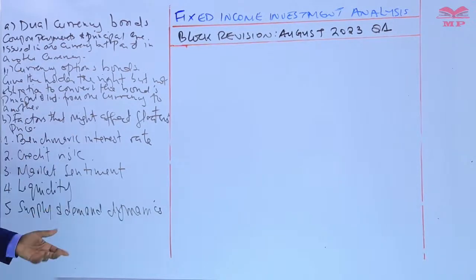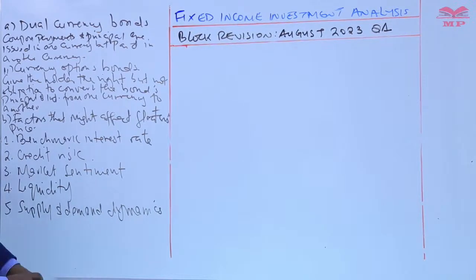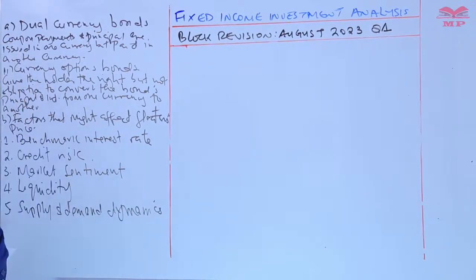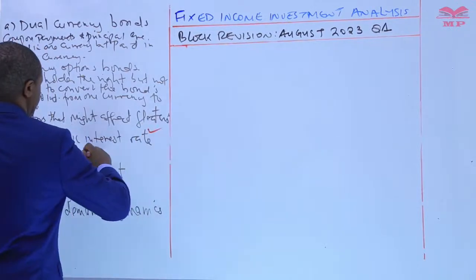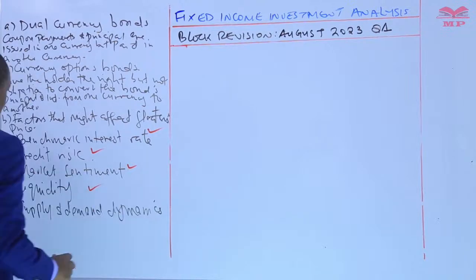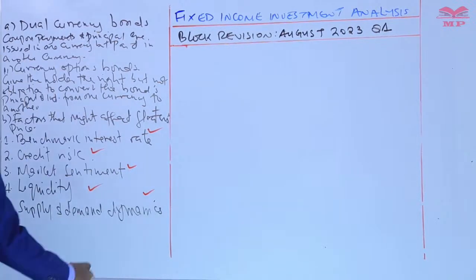These are the normal forces of supply and demand. So these are 5 factors. Candidates were to give just 3: benchmark interest rate, credit risk, market sentiment, liquidity, supply and demand dynamics. 6 marks.